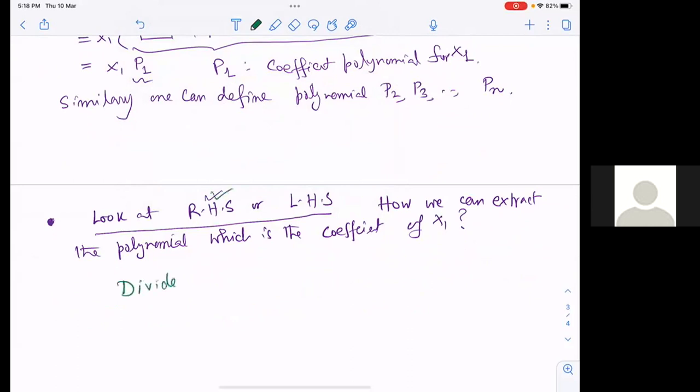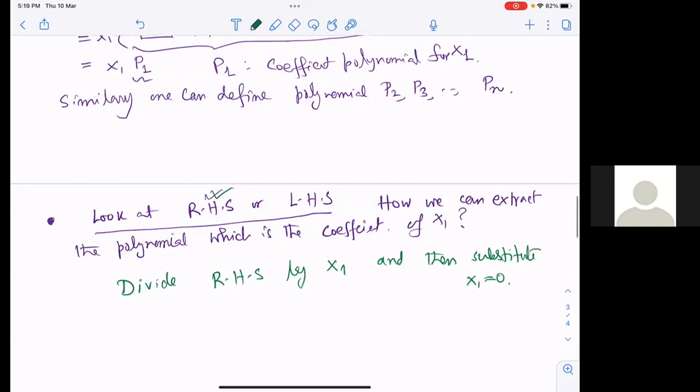Suppose I am working with RHS. The argument is similar for LHS, of course. Divide RHS by x1 and then substitute x1 equal to 0. Can everybody see why that gives the coefficient polynomial?